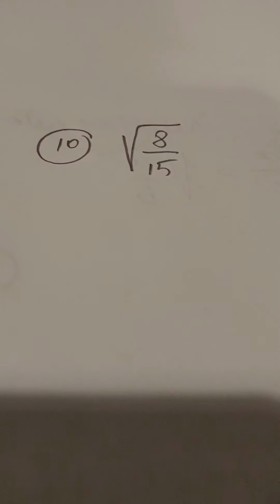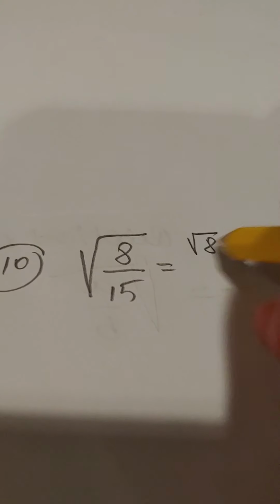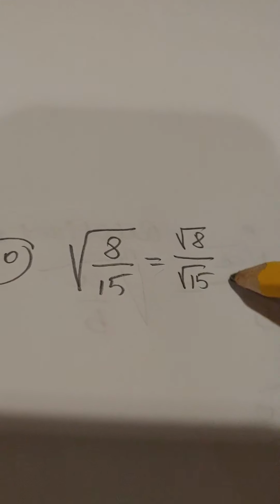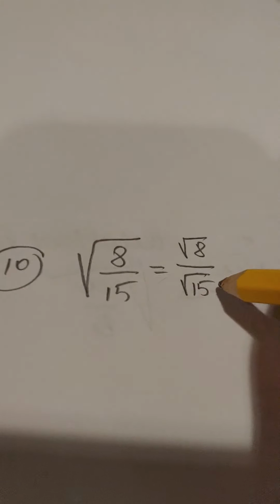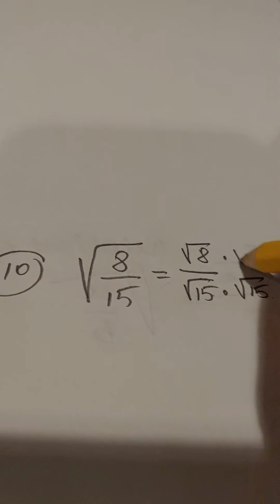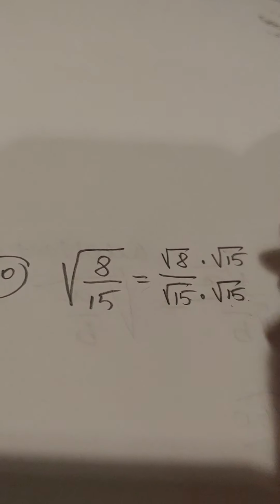I'm going to go over number 10 as well. So what we see here is actually square root of 8 over square root of 15. We see a radical on the bottom. We don't want to see a radical on the bottom. Therefore, we're going to multiply the bottom by the same radical and then the top by the same radical that we multiplied the bottom by.